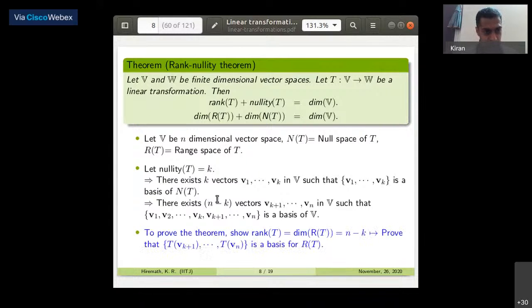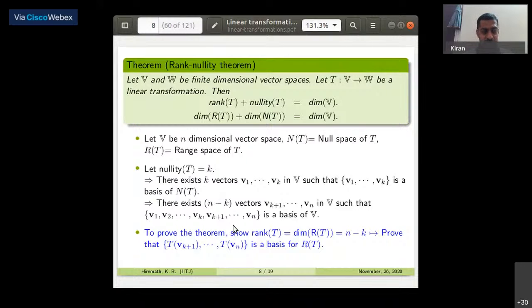No problem. To prove this theorem, essentially what we have to show is that the rank of T, that is the dimension of the range space of T, is n minus k. So I need to get hold of n minus k vectors which can act as a basis for the range of T. I don't have to look here and there.